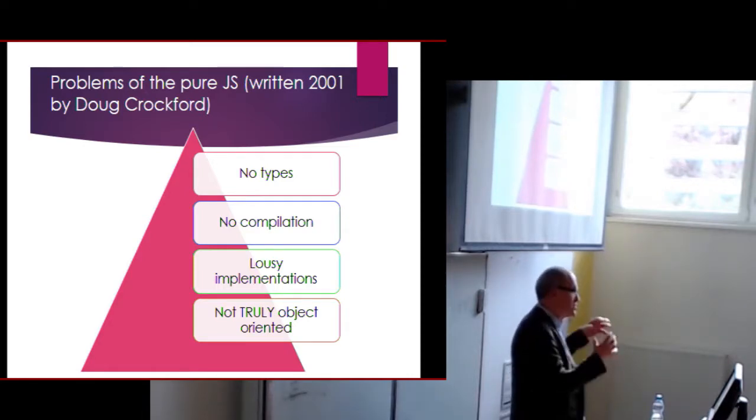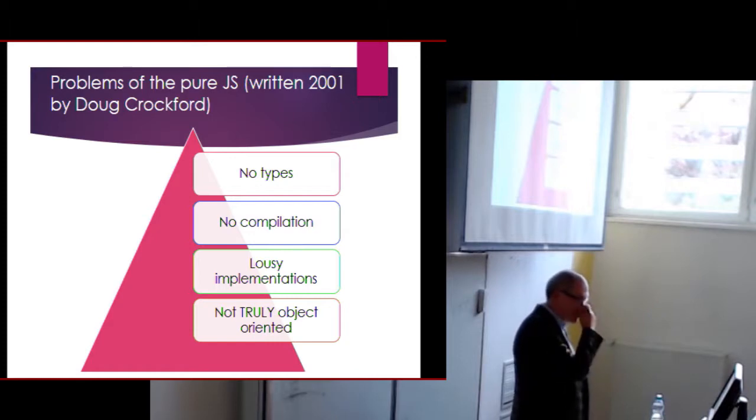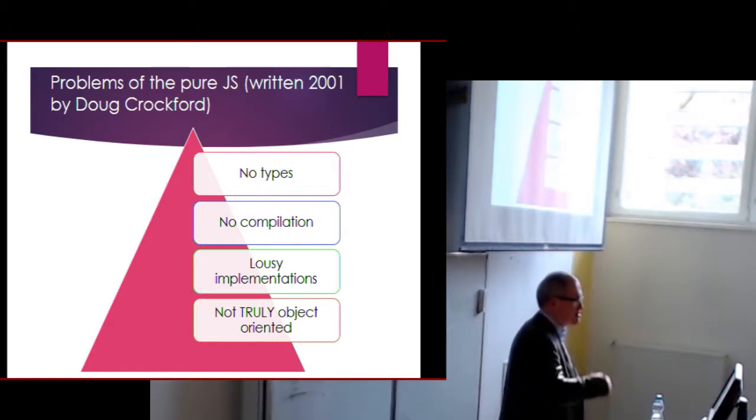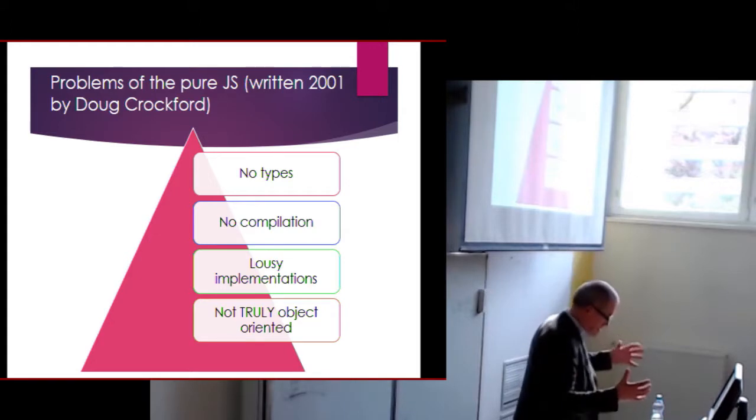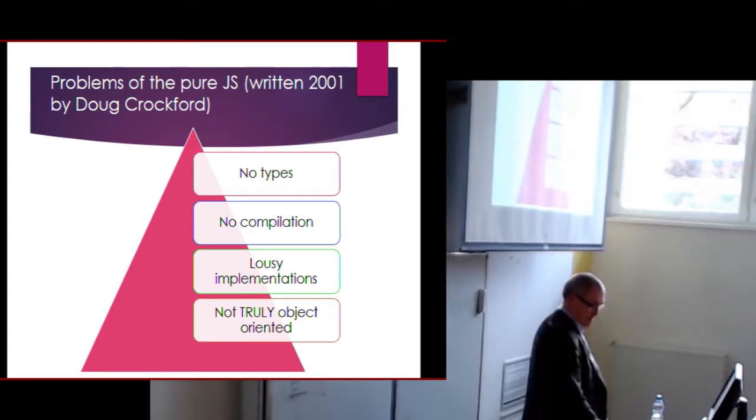So we are back to the roots, and object programming had some pitfalls, but it's a little bit above our lecture. Okay, so these are some of the reasons why pure JavaScript is not good enough to produce large systems.